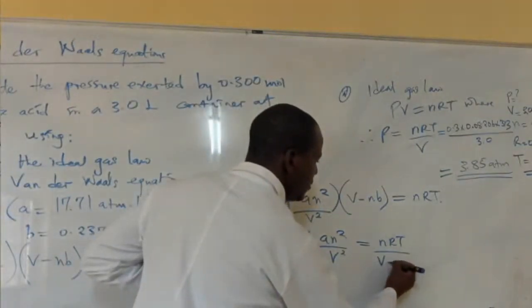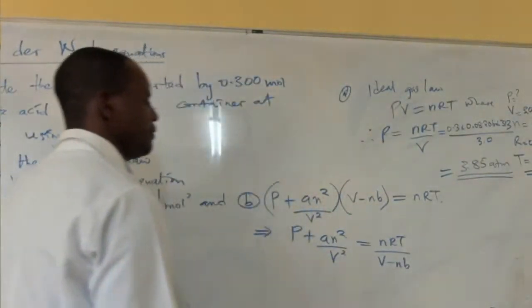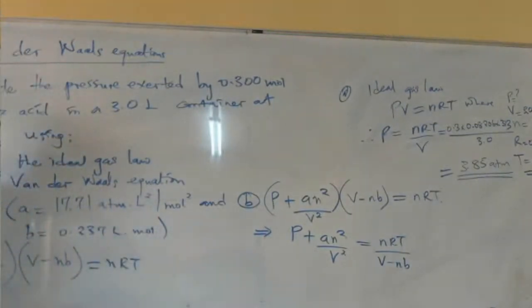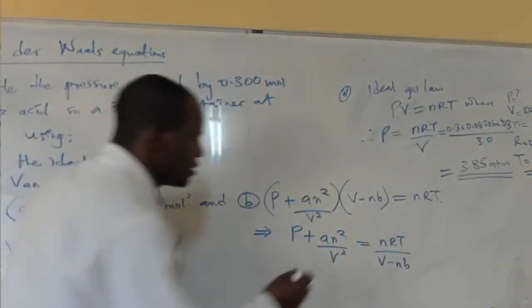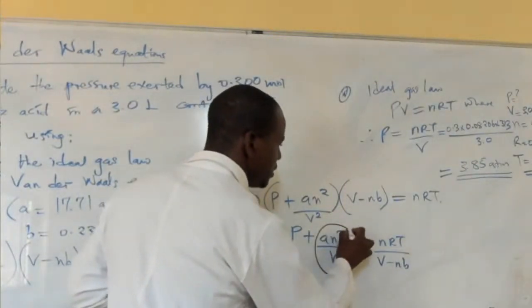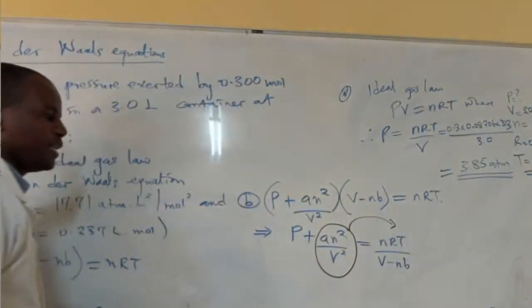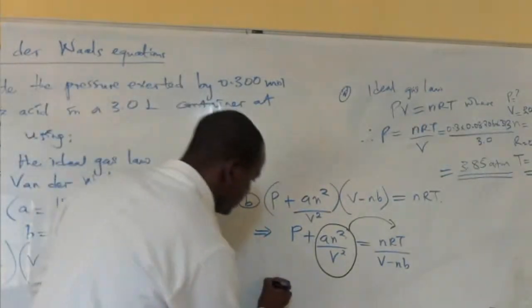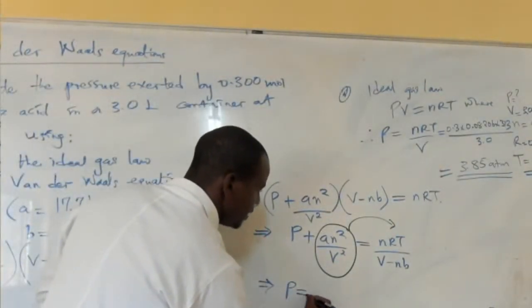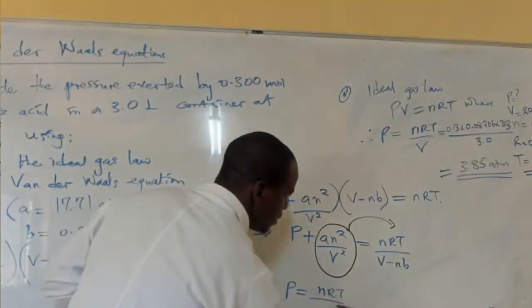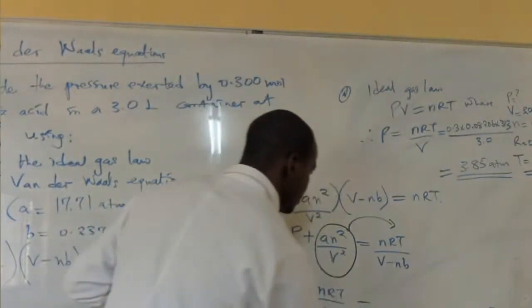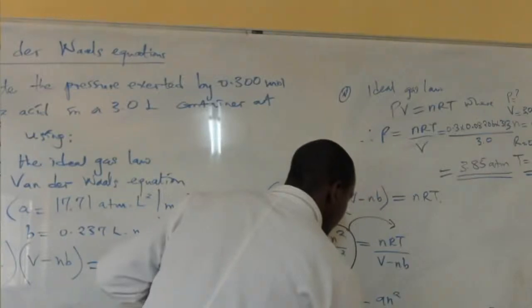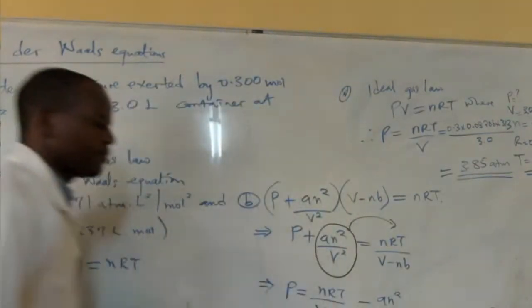So if we take the other side, what we are going to have is P is equal to nRT divided by V minus nb, minus an squared divided by V squared. Okay.